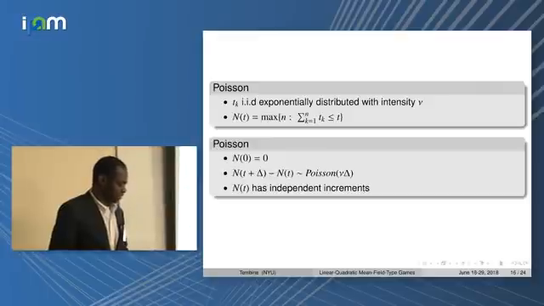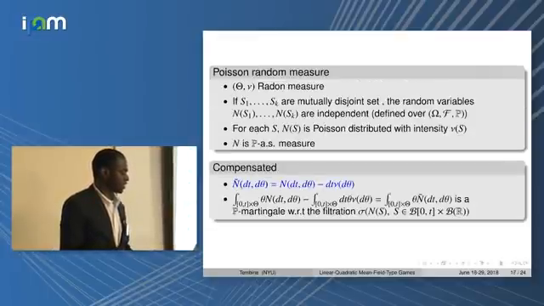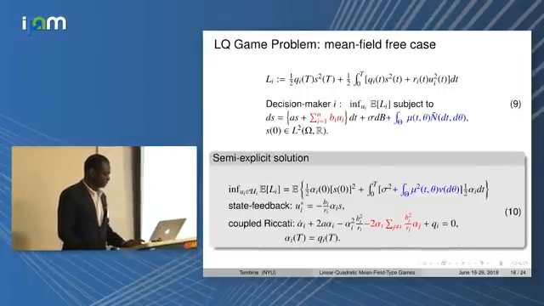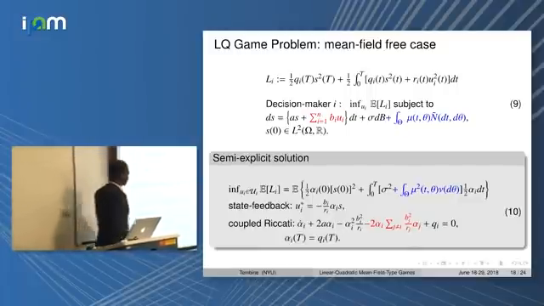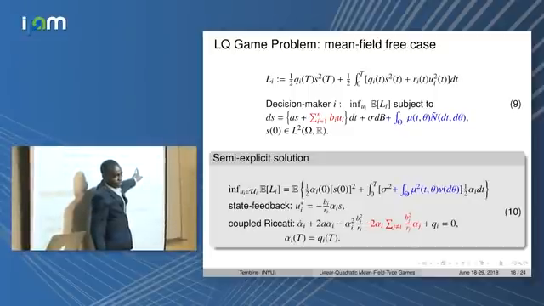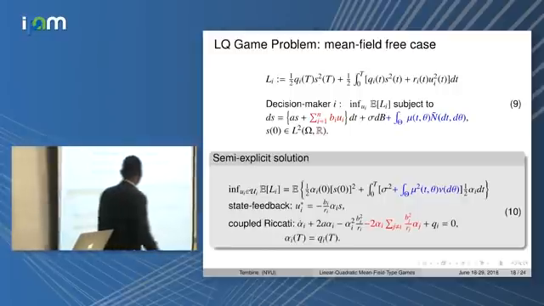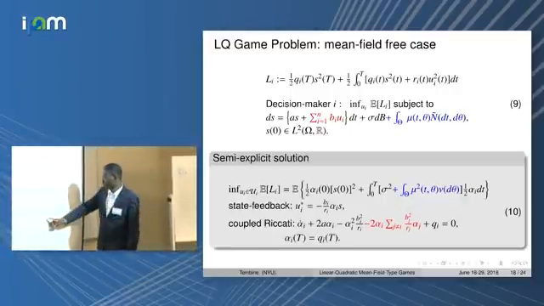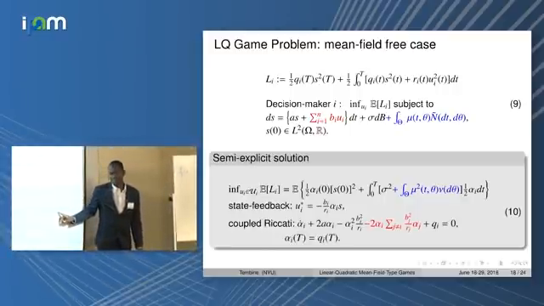You can extend to the stochastic version of it by adding your diffusion coefficients, and now we'll add a Poisson process. And the cost function, because of the Poisson, is slightly modified, but there is no big change.